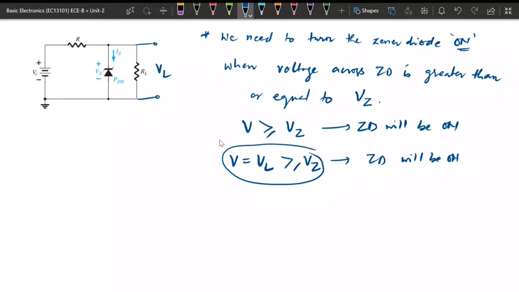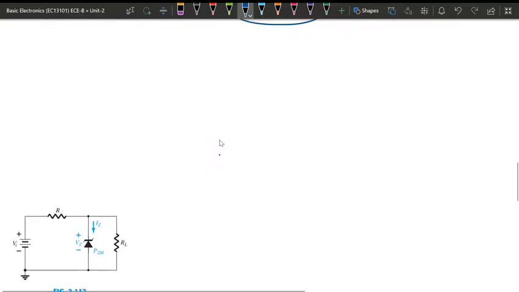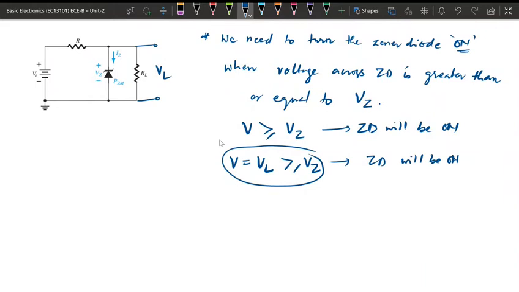To find this condition, we should consider this Zener diode as an open circuit and analyze how it behaves.